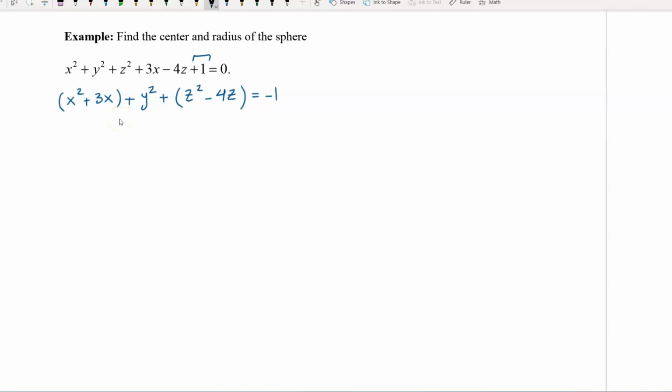And now complete squares. So here for x's, we have x squared plus 3x, and then use what we have here, that is 3 divided by 2, so divide by 2 and then square. This is what we have for this part.